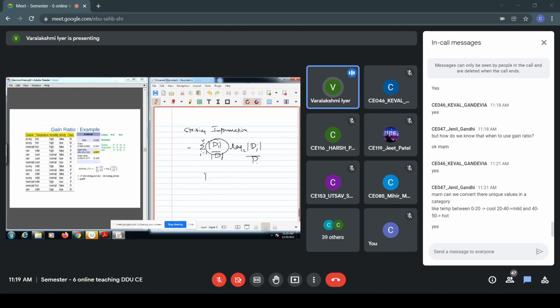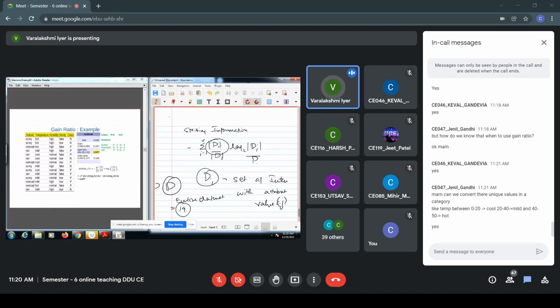Where dj is the set of instances where the attribute value is equal to j, and d is your entire data set sample. Here your entire data set sample is 14.